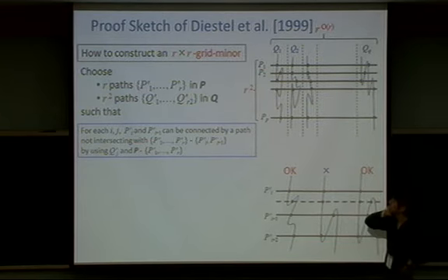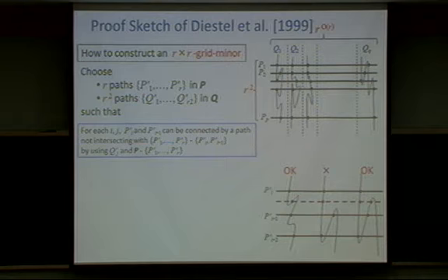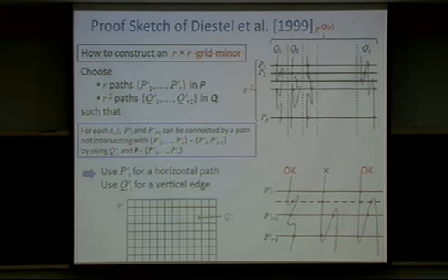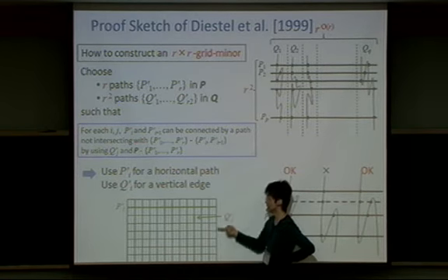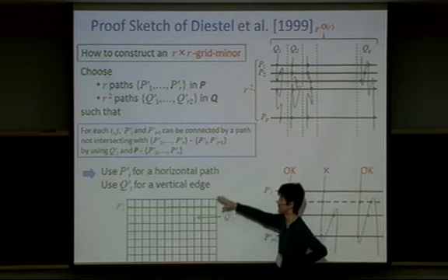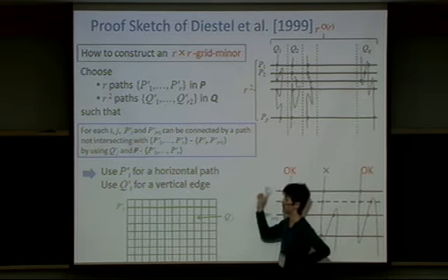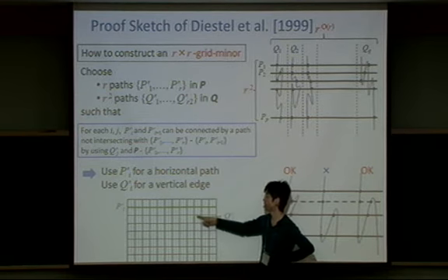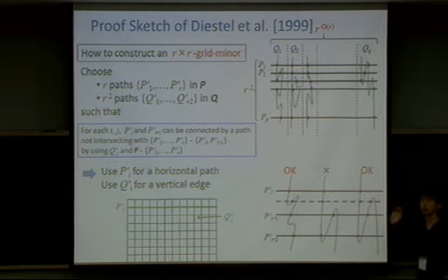And if we can find R horizontal paths and R squared vertical paths with this condition, then we can easily find an R times R grid minor, because we can use these horizontal paths to represent the R horizontal lines of this grid minor, and we use each vertical path to represent one vertical edge of the grid minor.